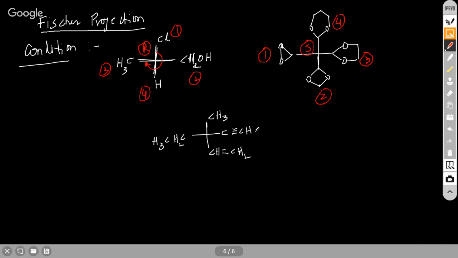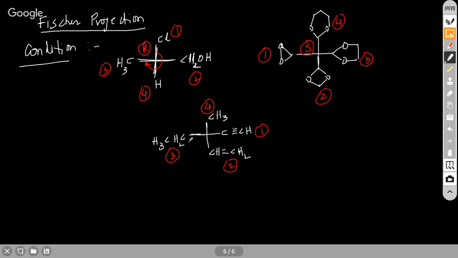Here you see again, triple bond will have the highest priority. Then we have double bond, then single bond, and then only CH3 here. Again, we'll exchange these two. So this one will also be S? No, it is not S. It will be R, I think. So 2 here, 3 here.